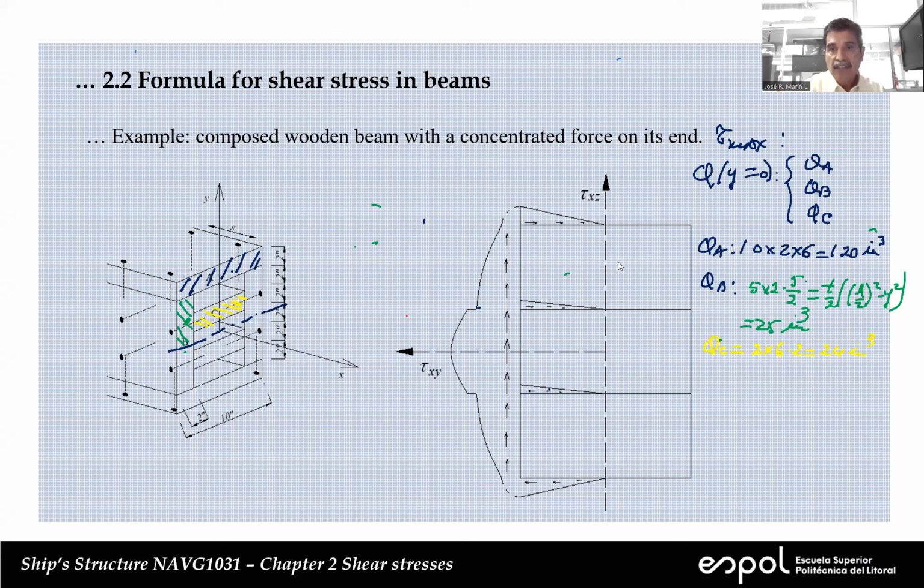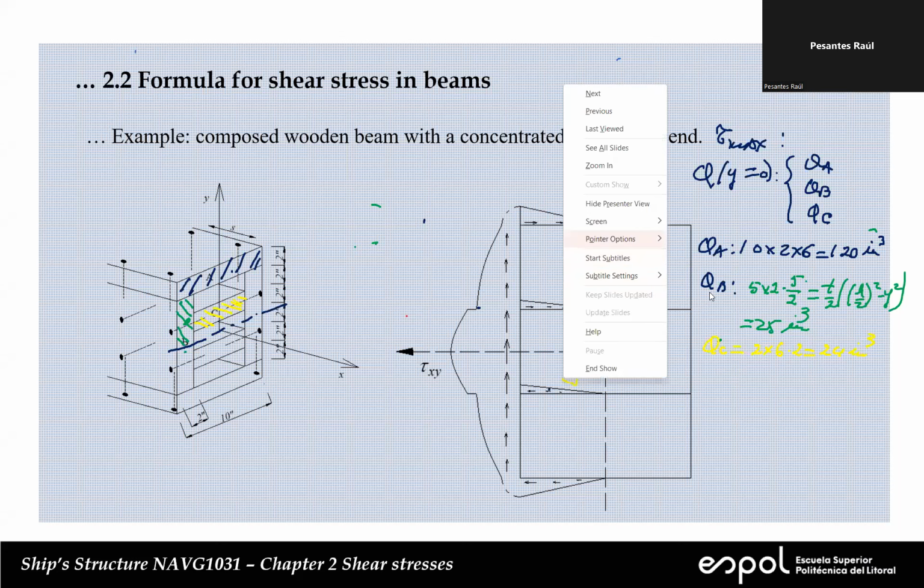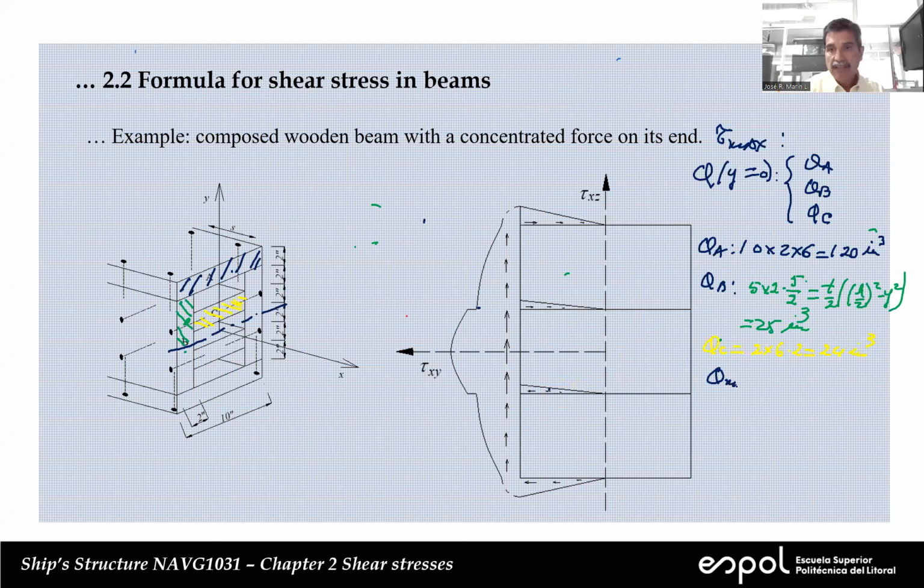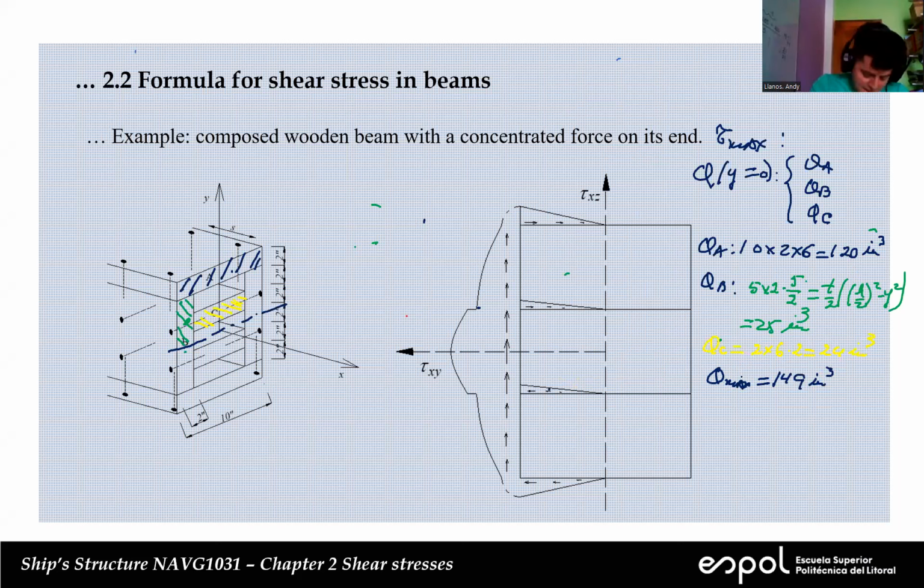So we can add these three things, and we can have that Q max. It's going to be 120 plus 25 plus 24, that's 169 inches cubed. Doctor, I have a question. Yes.